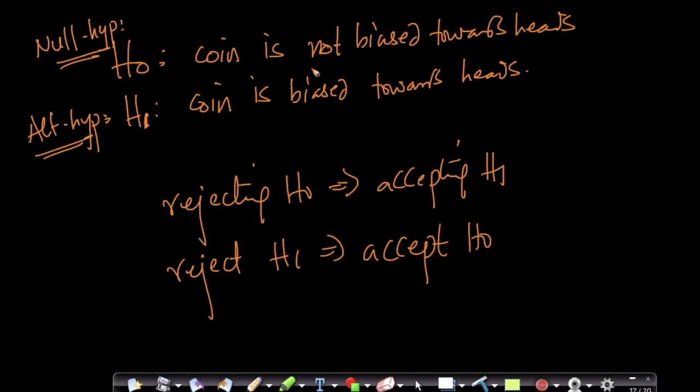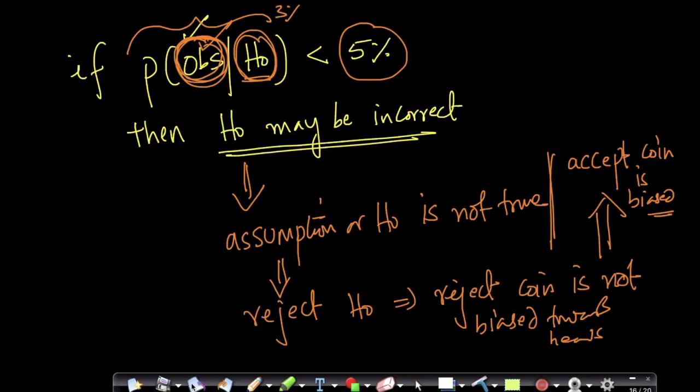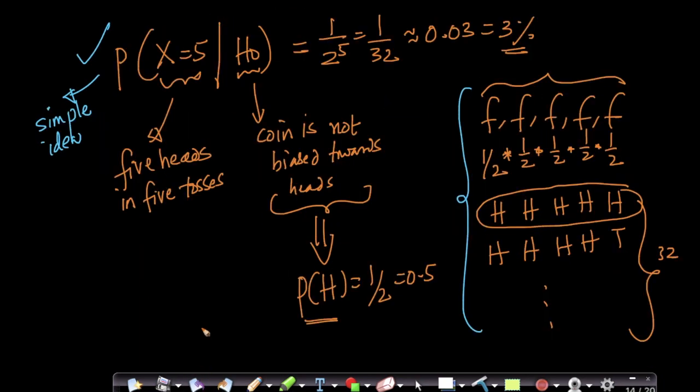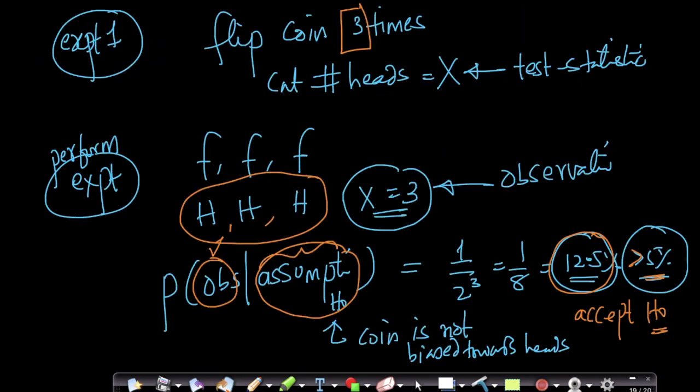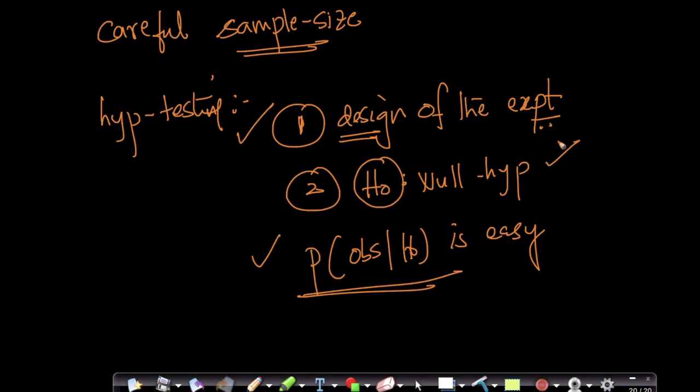My null hypothesis is that the coin is not biased. Under this assumption, computing these probabilities is easy. Right? If my null hypothesis was the opposite of this, I can't even compute this probability. So we have to always take the null hypothesis which makes our probability computation easy and feasible. So these 2 things are very, very important.